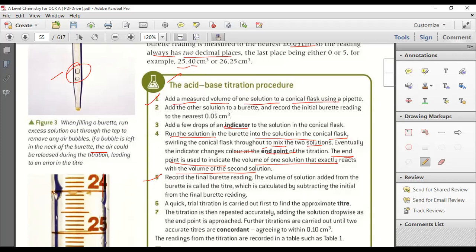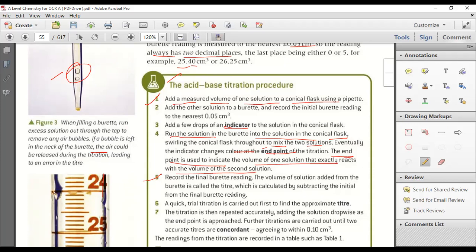Then the titration is repeated accurately, adding the solution dropwise as the endpoint is approached.